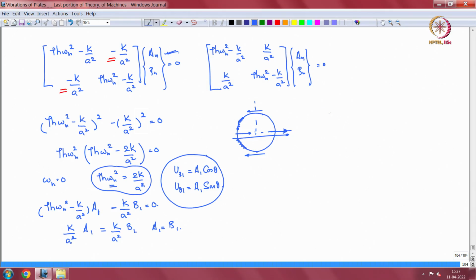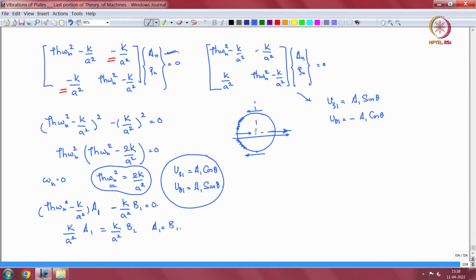Now if we go ahead and take the other one, that is this one, because the sign has changed, what will happen is u3 1 will be a1 sin theta and u theta 1 will be minus a1 cos theta.